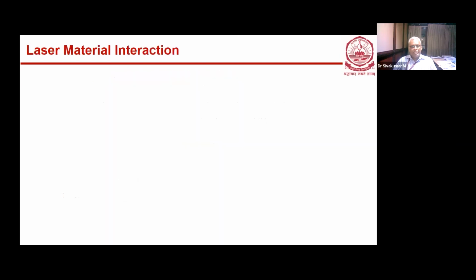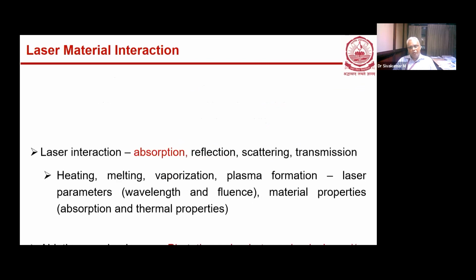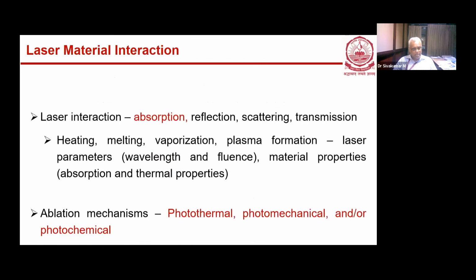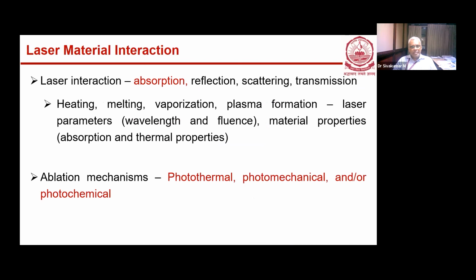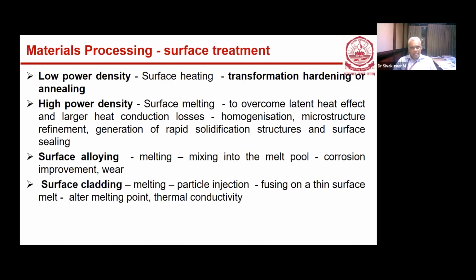And then the next one is materials processing. Again, as I told you, it is based on photothermal, photomechanical, and photochemical effects. We will see certain applications, that is, hardening. Suppose you look at the engine of a car or some machine; there is something called a piston.